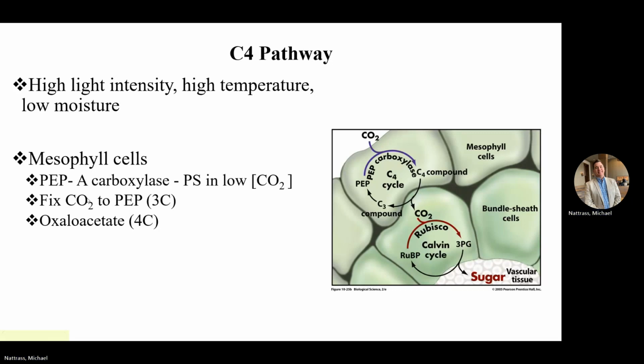to PEP, which is going to be a 3-carbon compound, C3, 3C, they're the same thing. So we have a 3-carbon molecule that is PEP. The PEP carboxylase combines the carbon dioxide and the PEP into oxaloacetate.